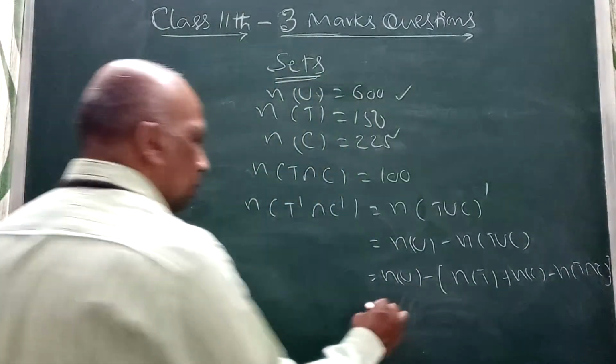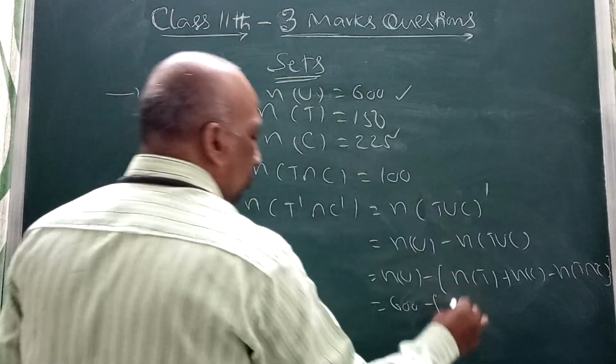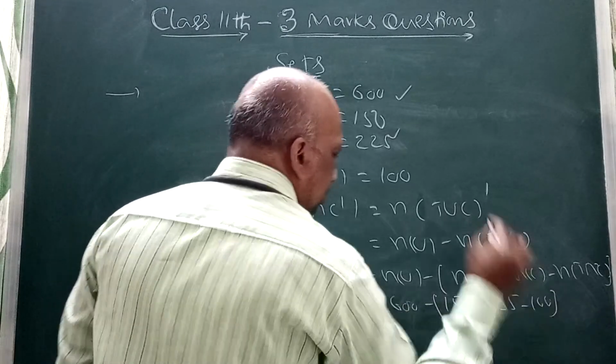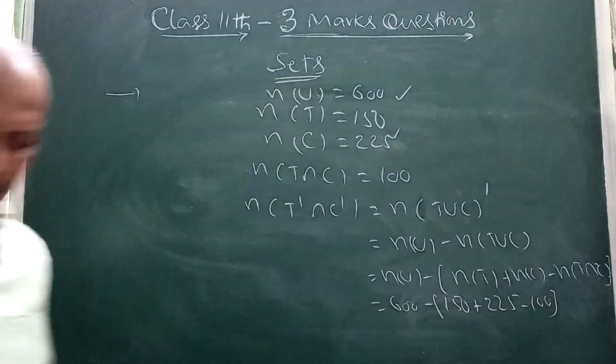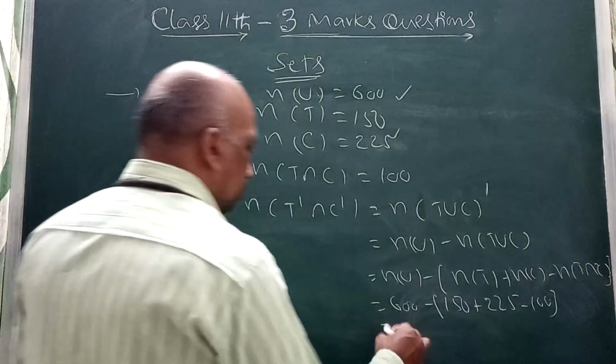Now substitute the values. N of u 600 minus n of T 150 plus 225 minus 100. You can simplify this. Finally, if you simplify, it comes to 325.